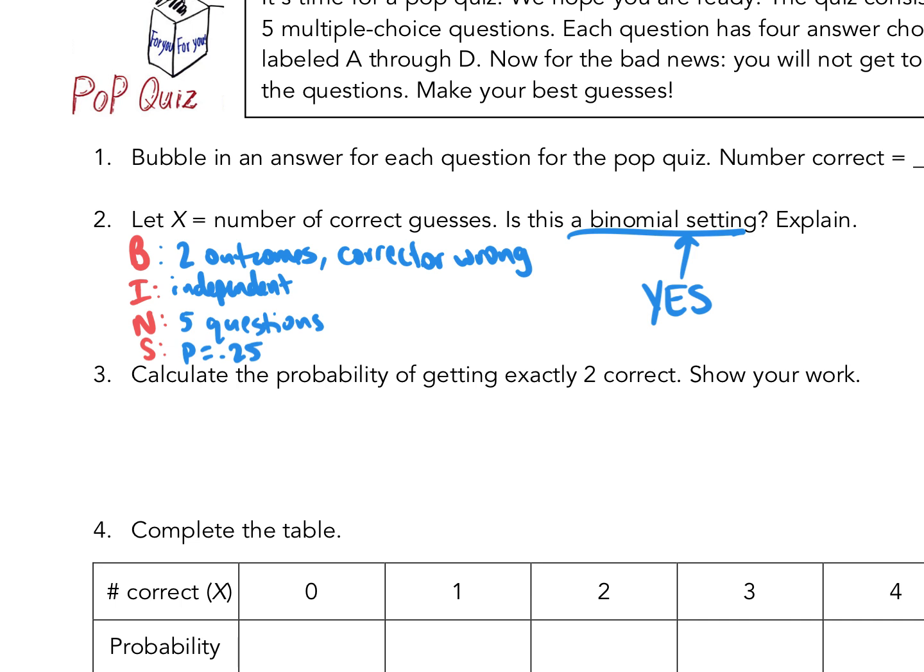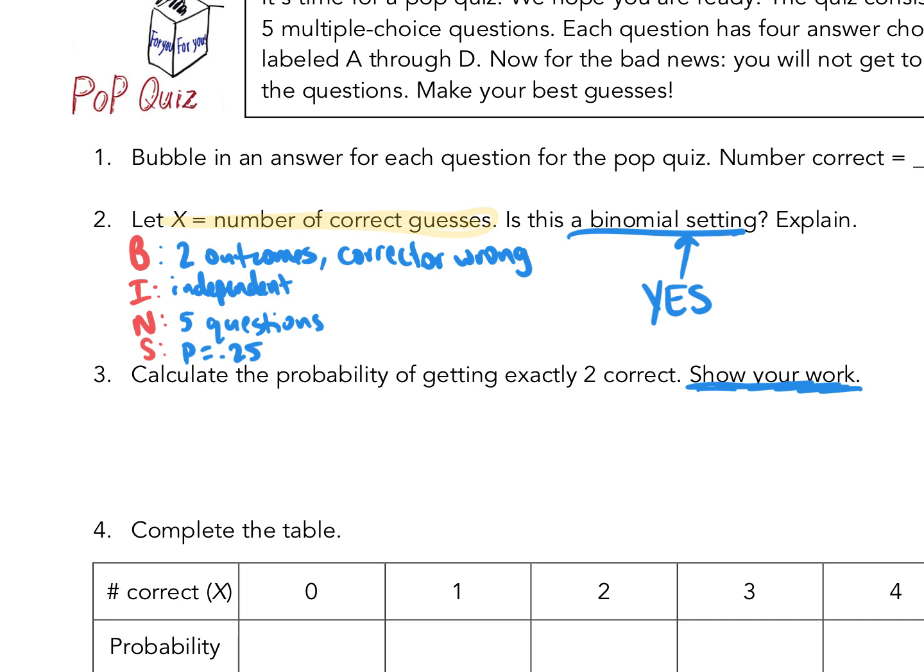Okay, if we wanted to calculate the probability of getting exactly 2 right, and it says to show your work, on the formula sheet the binomial formula is there. And our random variable is defined up above as X is the number of correct guesses.